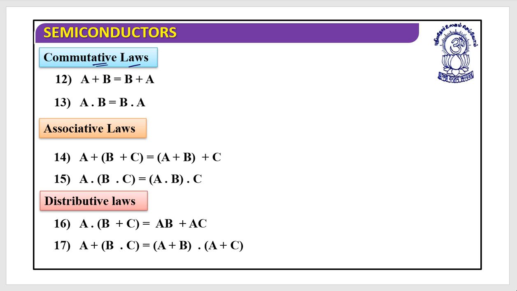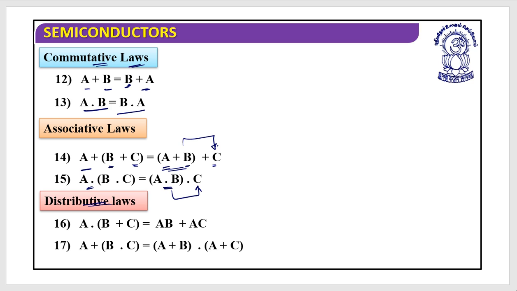Next, the commutative laws, which say that A plus B is equal to B plus A, and A dot B is equal to B dot A. It will also follow the associative laws: A plus B plus C is equal to A plus B, plus C, that means the OR operation of A and B, and the answer of this has an OR operation with C. In the same way, A dot B dot C is A dot B, and the answer of this has an AND operation with C.